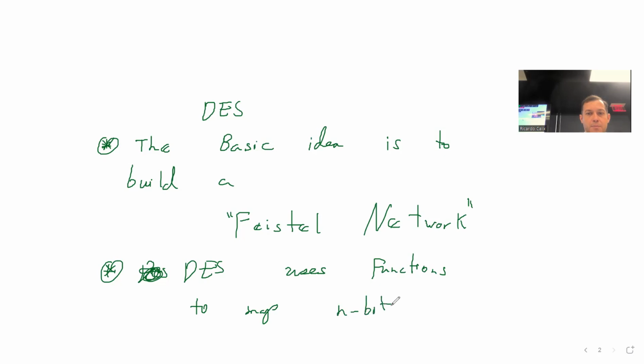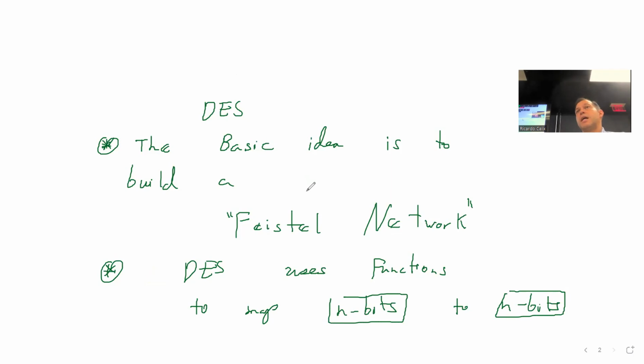That's a very common thing: an input of a block, do something to that block, and then produce another block of the same size. So we build a Feistel network, but the Feistel network also has these functions in it. What these functions do is take a block of n bits and produce another block of n bits. All right, so now let's define the scheme.